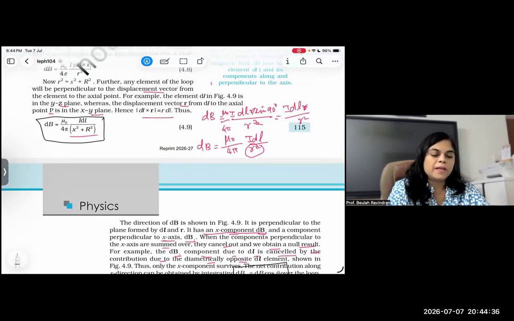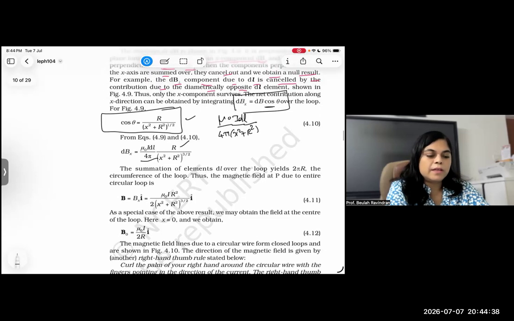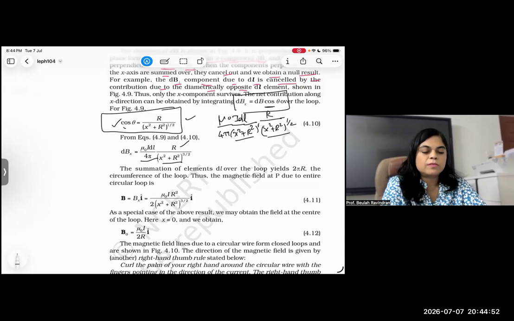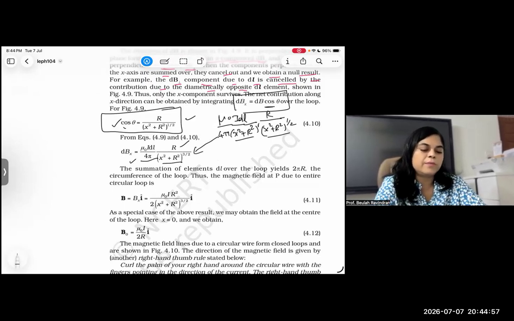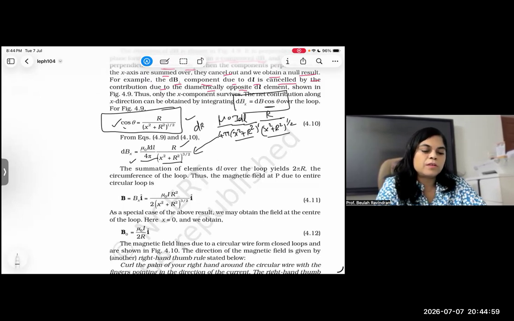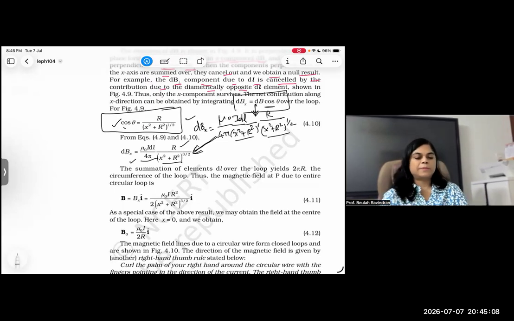And for cos theta, you have to substitute r by x square plus r square, the whole power 1 by 2. So this will be whole power 1 and 1 by 2, then it becomes 3 by 2. Is it clear? This derivation is very important for you. So write down all the intermediate terms below this dBx, and write all the steps.